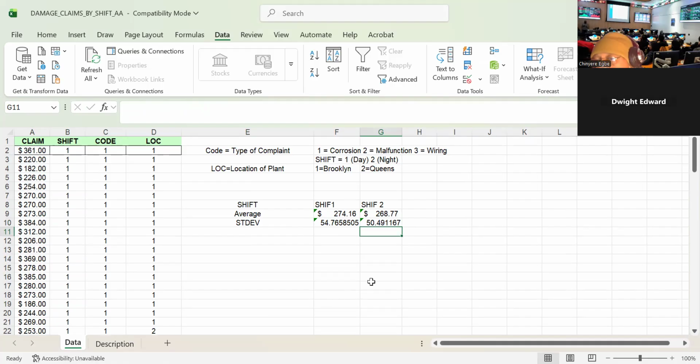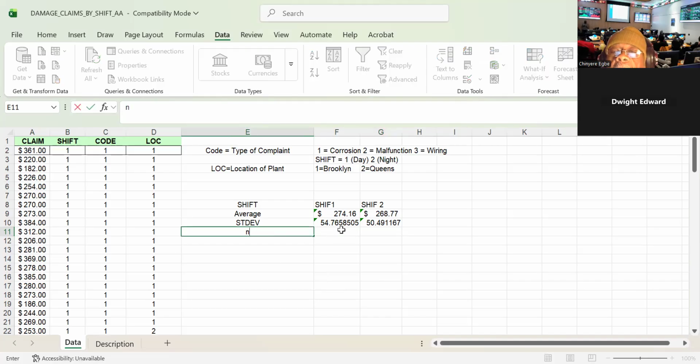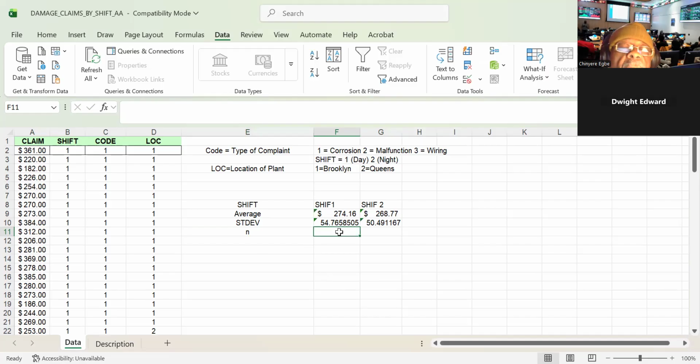All right. So in order to do any hypothesis test, as you know very well, you must have a mean, you must have a standard deviation, and the sample size is n, and here you have 75.